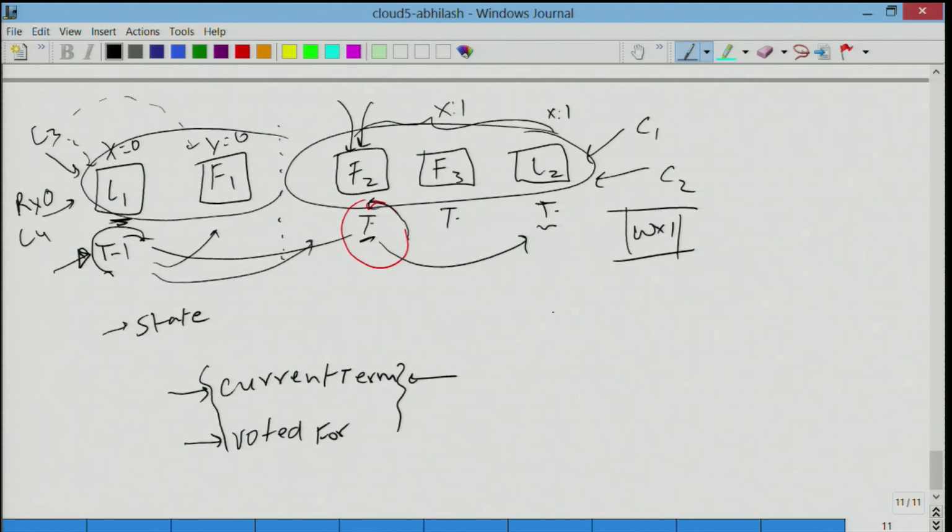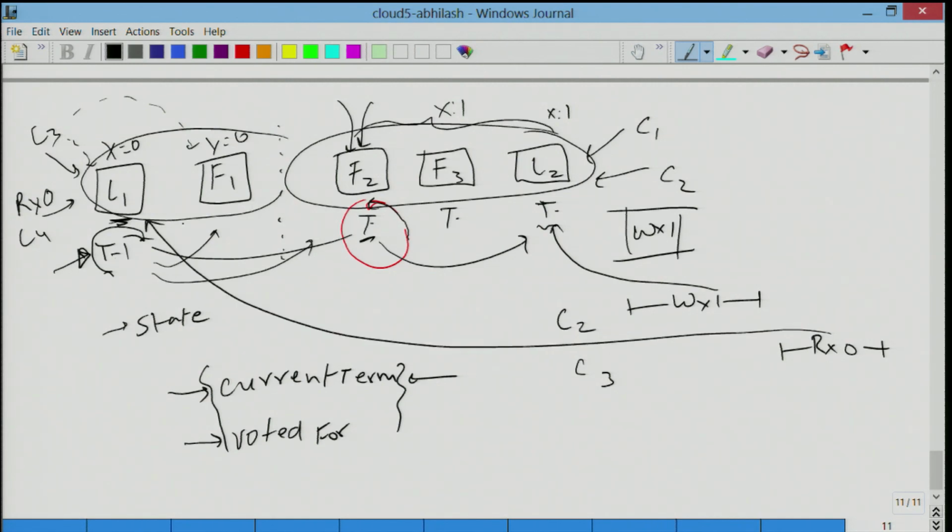In the execution, we will see C2 wrote Wx1 and then C3 read Rx0, because the write went to leader 2 and the read went to leader 1, and the node that was supposed to break the tie actually forgot the term.